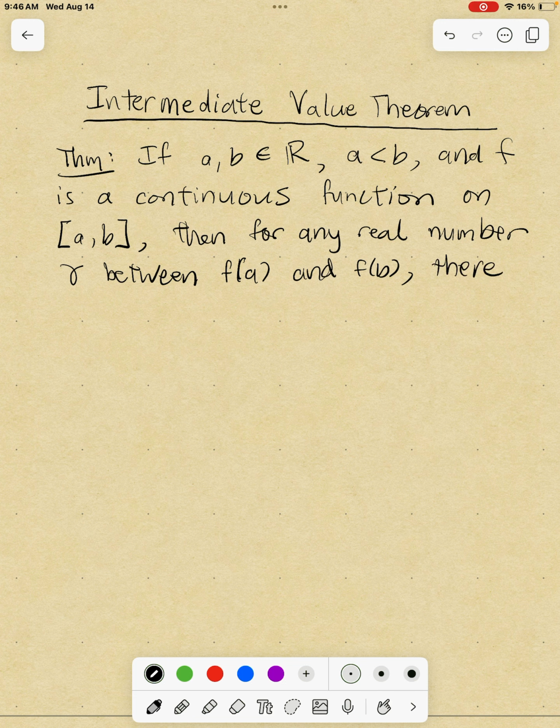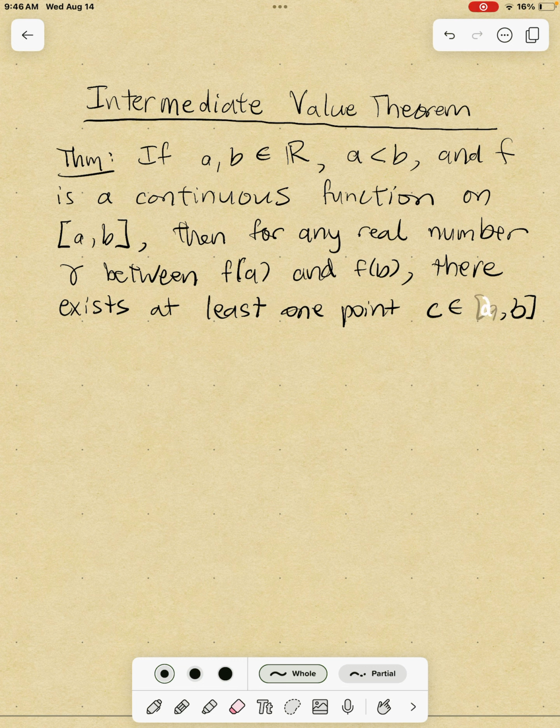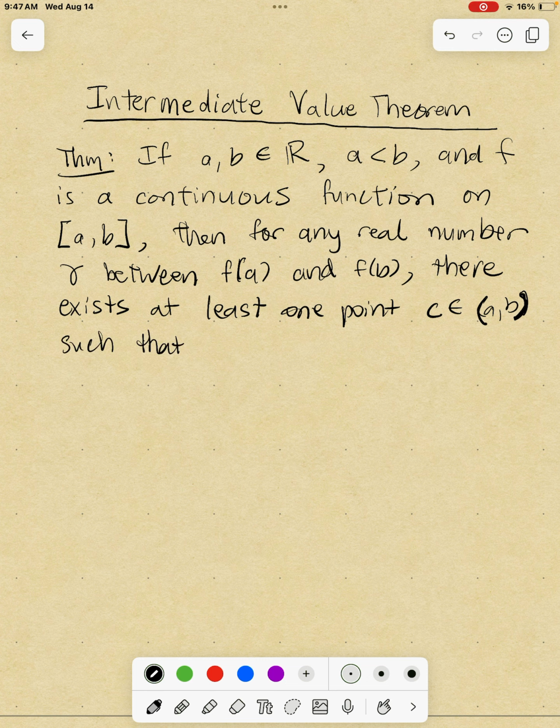there exists at least one point c in the open interval from a to b such that f of c equals gamma.